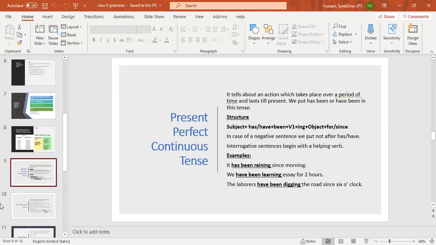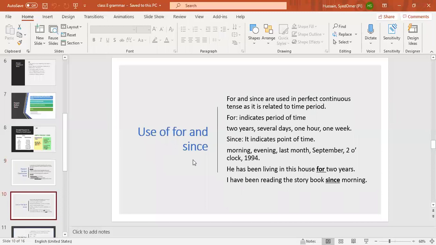Next slide. Use of for and since. For and since are only used in perfect continuous tense, not in any other tense, because they refer to a time period. That is why we are putting for and since. Now, the difference must be clear. For indicates a period of time. How long?